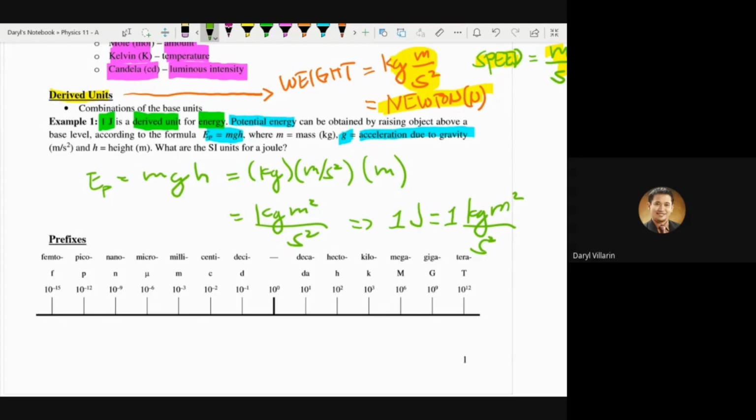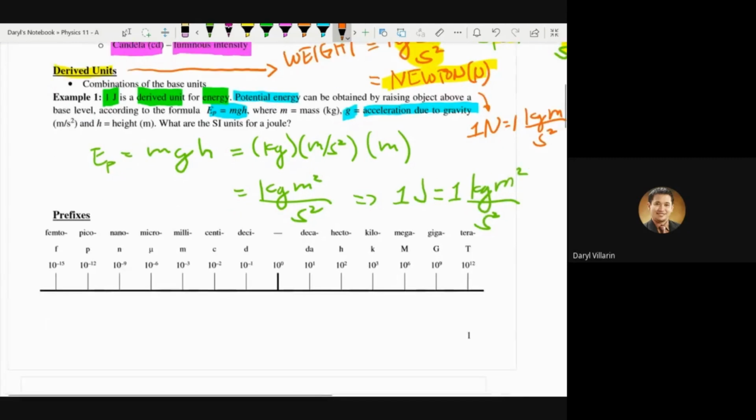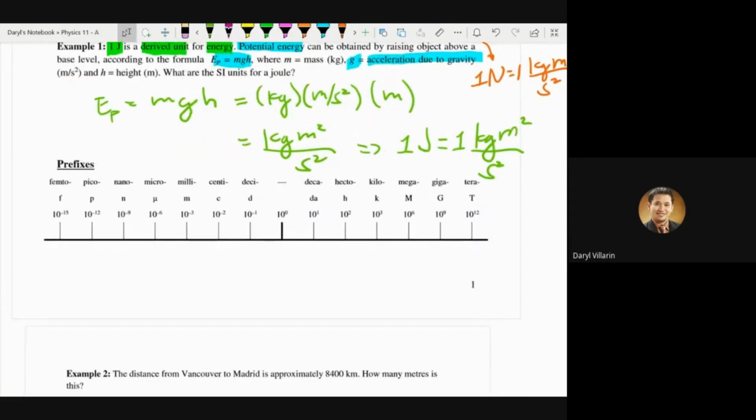Same thing with weight. Using base units, 1 Newton is equivalent to 1 kilogram meter per second squared. So this is just a quick review on your metric system.